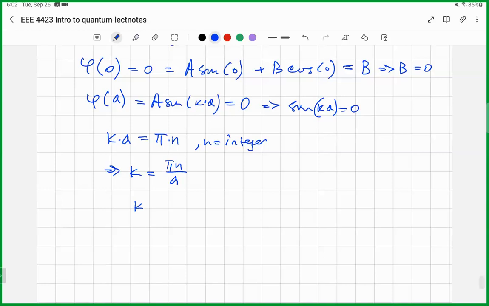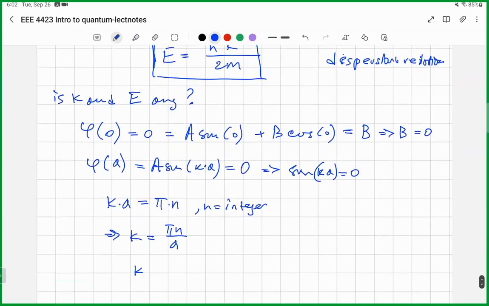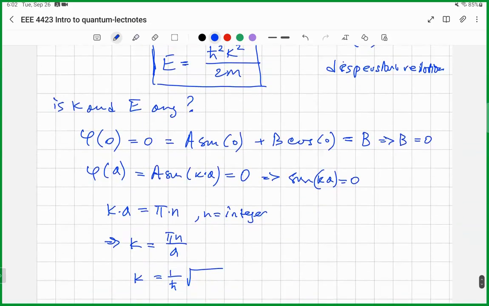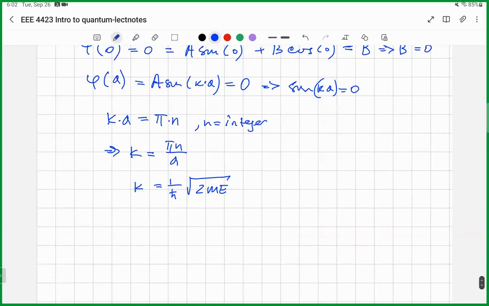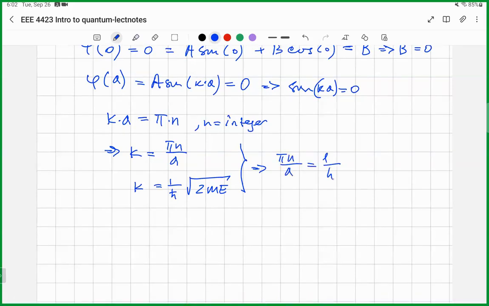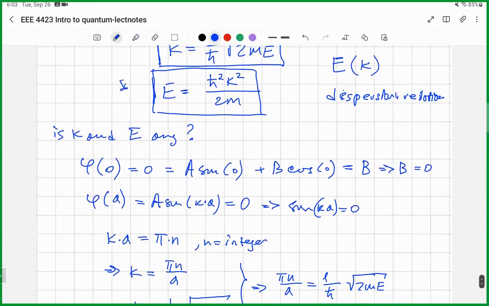On the other hand, since k is equal to 1 over h bar square root of 2m times energy, our dispersion relation, right? Hence, pi n over a is equal to 1 over h bar square root of 2me. Okay. Oh, we can use this equation for the energy actually.